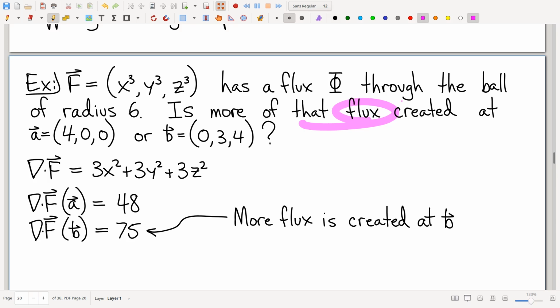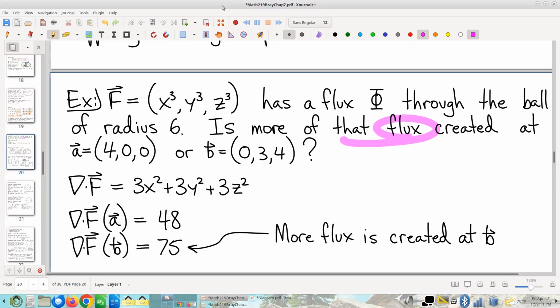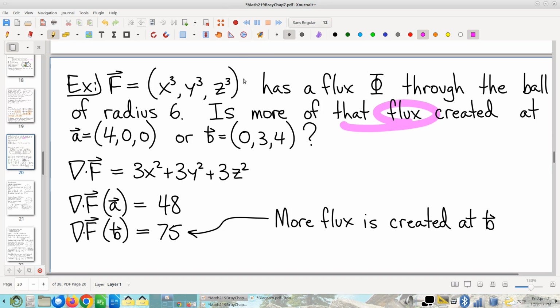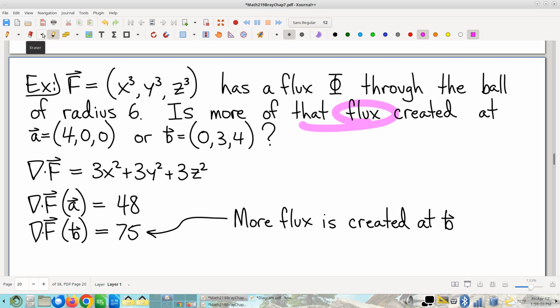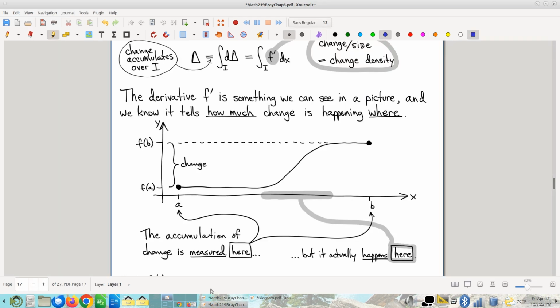And now again, you're going to be naturally tempted to say, well, that doesn't make any sense. The boundary flux happens on the boundary, and neither of these points is on the boundary. That's a reasonable complaint. Let me remind you, we have this point of view about change. We can compute a total change.